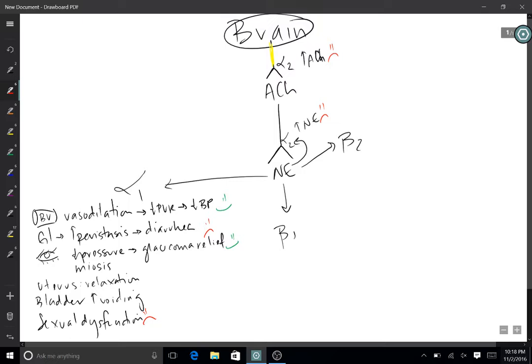On the beta-2 side, you get primarily what we think of as the effects on the lungs, right? And so you get bronchoconstriction. Usually that is something that we're not incredibly happy about. You also see with beta-2 on the blood vessels, you see vasoconstriction.